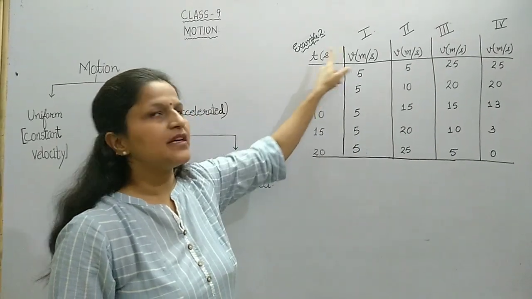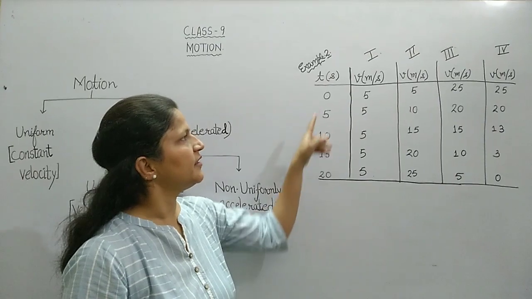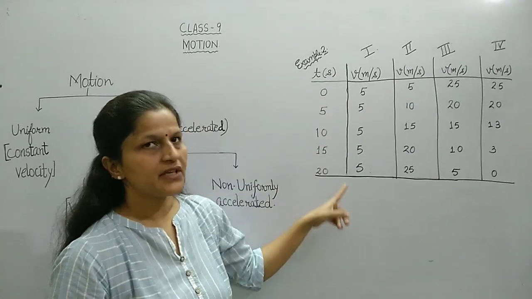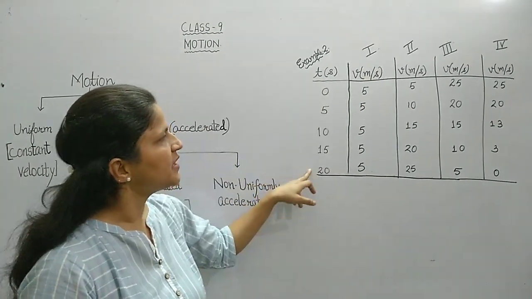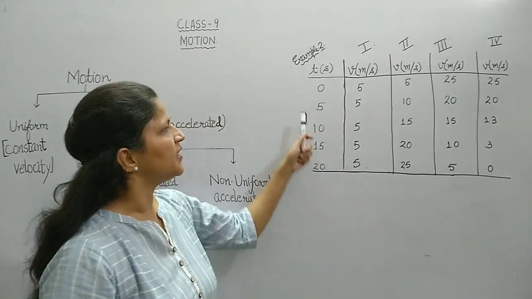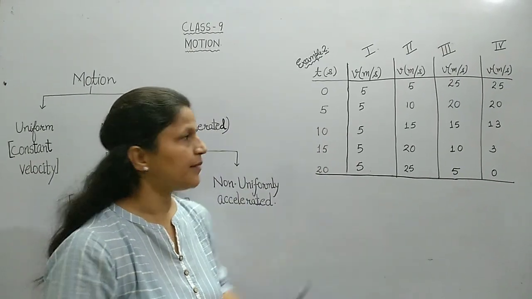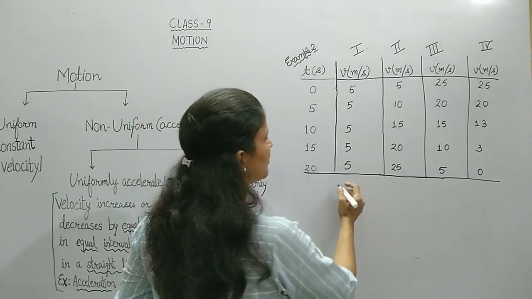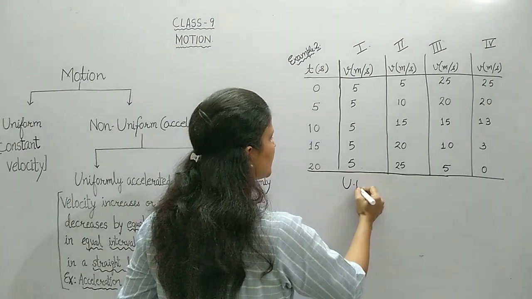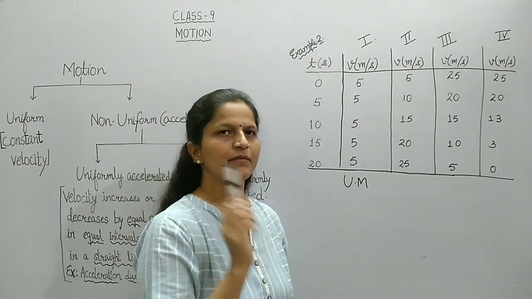Coming to object number 1, if we look at the velocity values of object number 1 at different times, we see that its velocity at t equal to 0 is 5, at t equal to 5 seconds is 5, and at other times also it remains the same. It means that this is an example of uniform motion because the velocity is not changing with time.